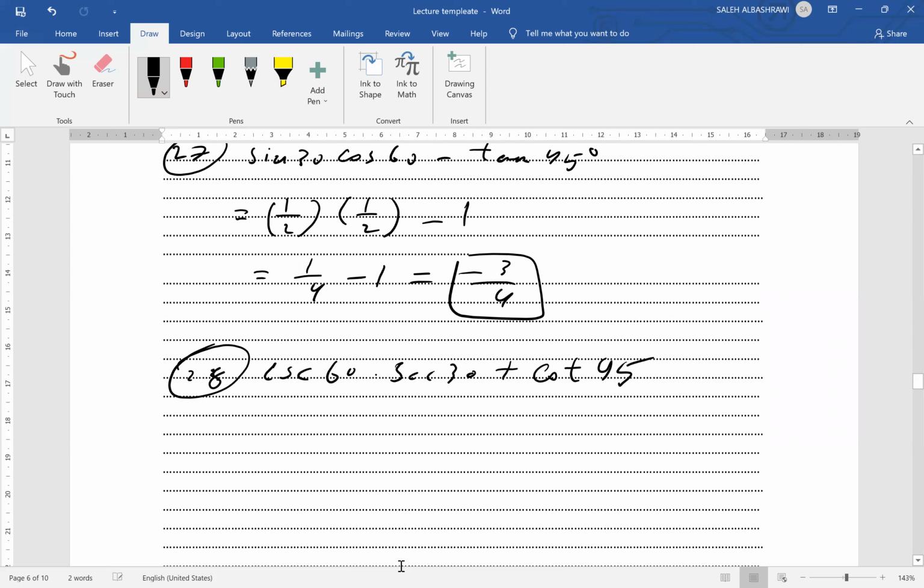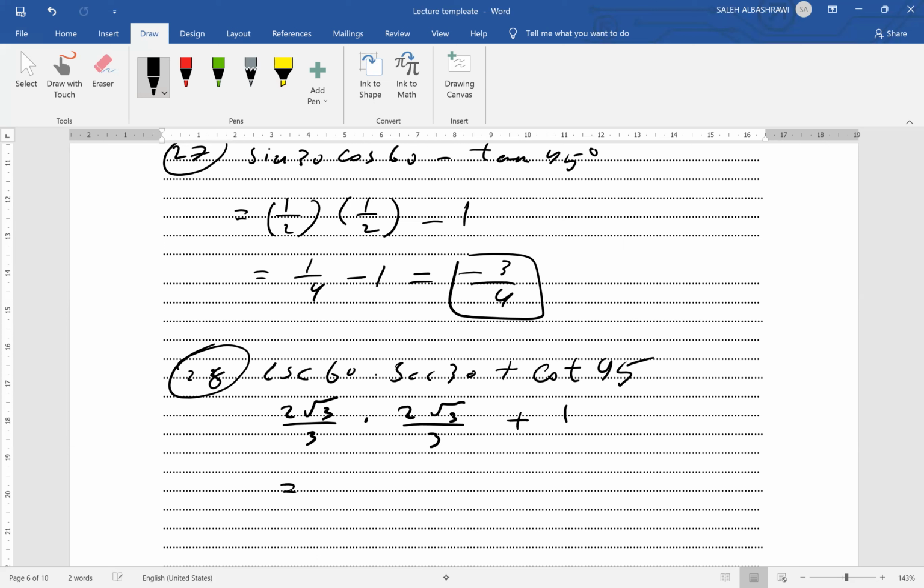Now cosecant of 60 is equal to 2 square root of 3 divided by 3, multiplied by secant 30, which is again 2 square root of 3 divided by 3, plus cotangent of 45 is equal to 1.